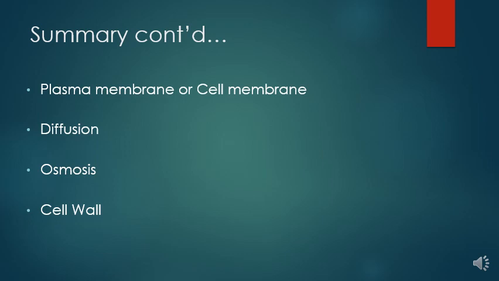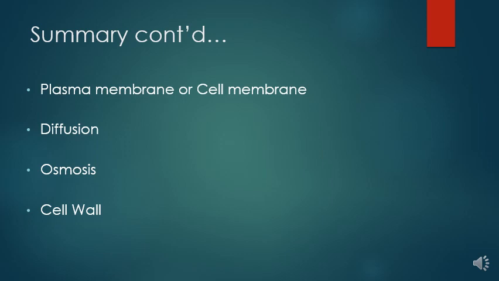Osmosis is the passage of water from a region of high water concentration to a region of low water concentration through a semi-permeable membrane. Diffusion can take place in all three states of matter: solid, liquid and gas, but osmosis can take place only in liquid medium. I explained hypotonic, hypertonic and isotonic solutions also.